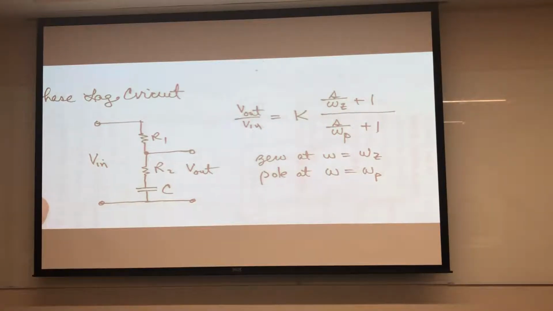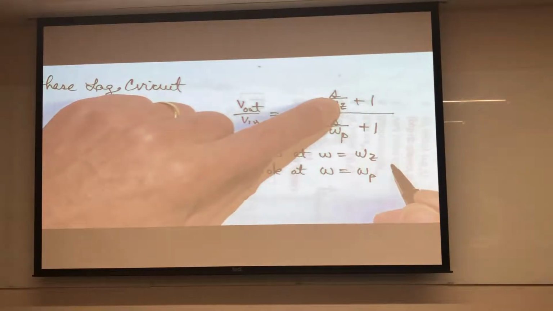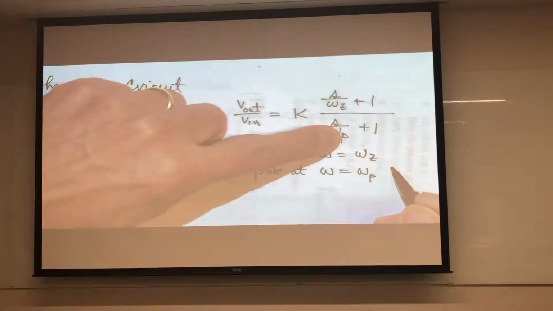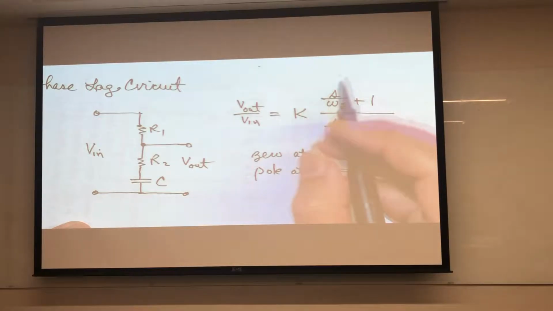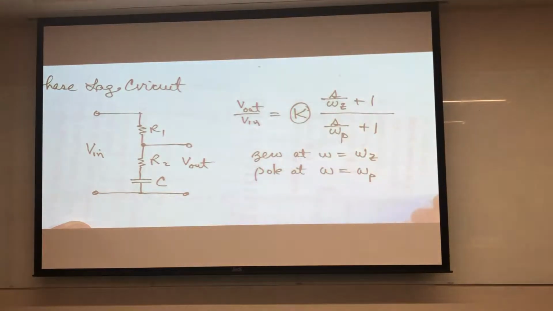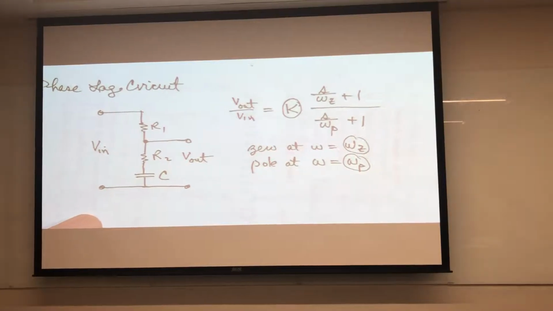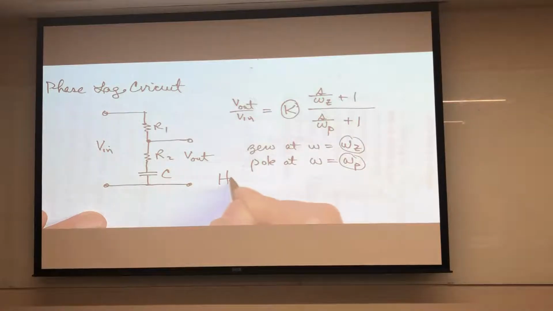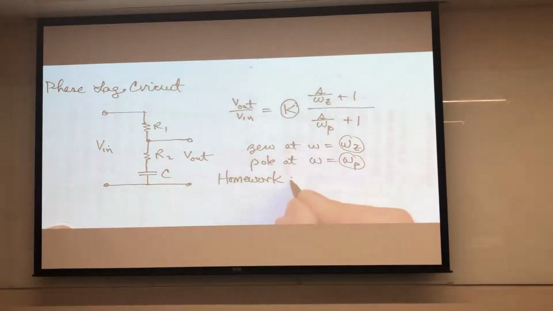Okay. In some of my notes, I get tired of writing omegas, so I'll just write S over Z or S over P. There are 3 parameters that can be designed: K, omega Z, and omega P. Now, what I'd like for you to do for a little bit of homework exercise, for this circuit, I want to do a little bit of circuit analysis.